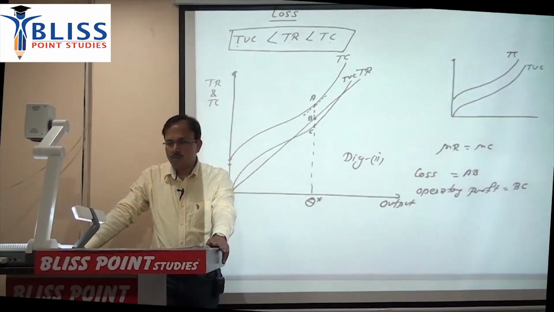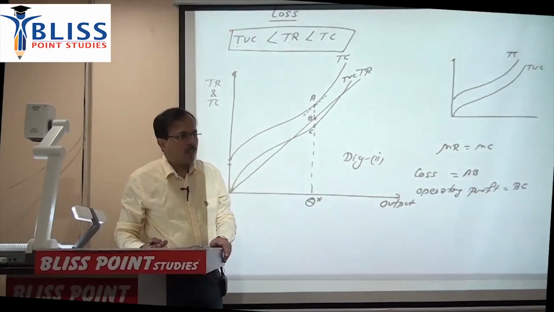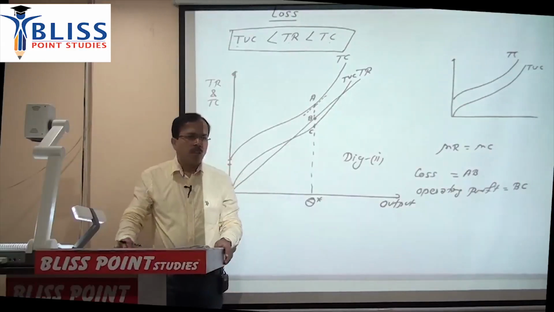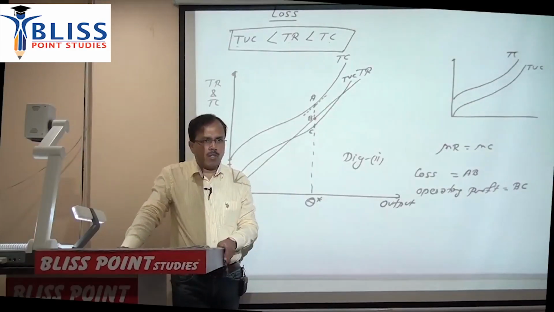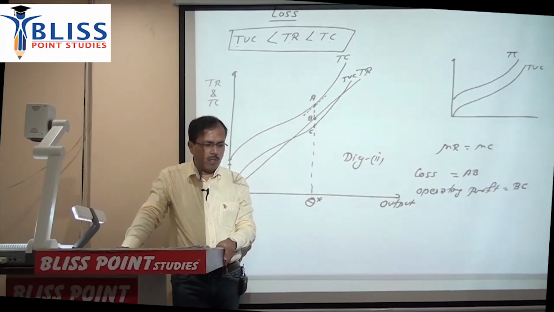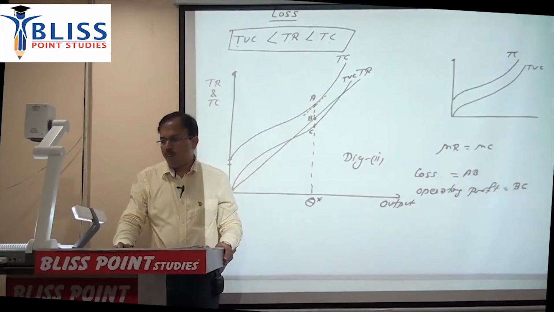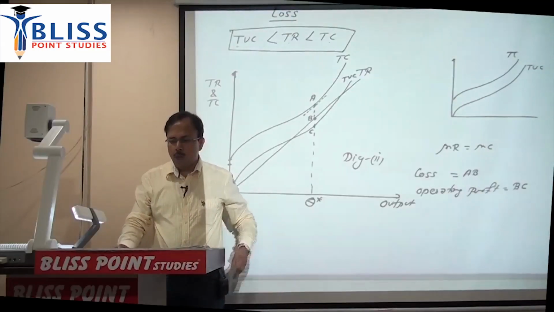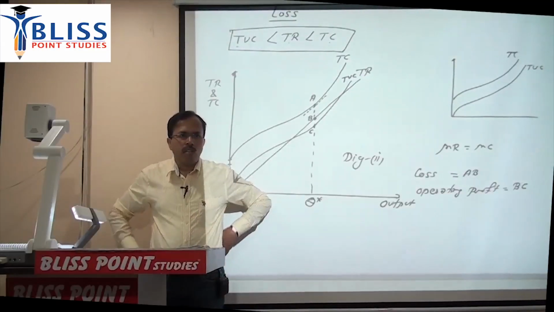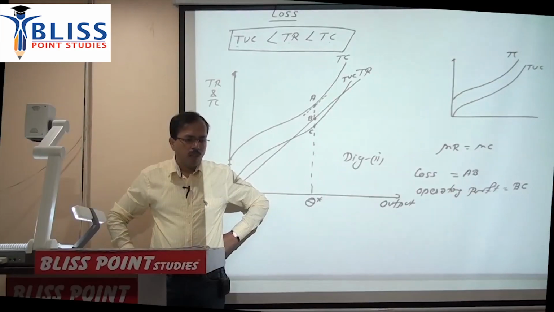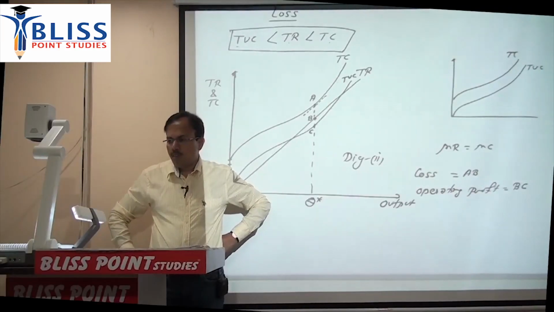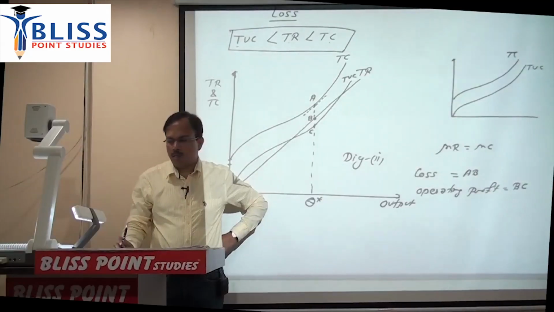Therefore, so long as total revenue exceeds total variable cost, after comma, firm will continue to produce despite loss.